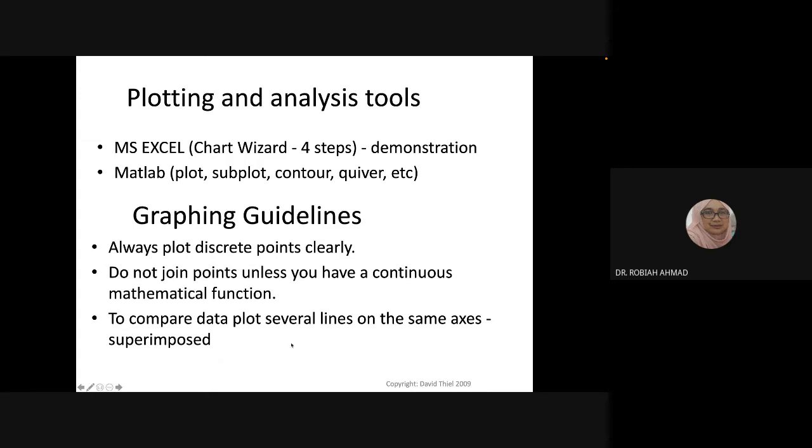To compare data, plot several lines on the same axis. We can have them superimposed, but please make sure you have a clear indication of the legend used. Because sometimes we superimpose so many points that we cannot see the trend, so we cannot analyze the results properly.